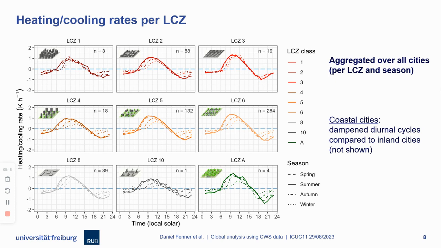For instance, if you look at LCZ 1, that's actually what you would expect, because more heat is going into the heat storage in the morning, therefore you have a reduced heating rate. And you can also see very well the seasonality of this. The solid line is the summer, and summer and spring have higher rates in comparison to winter and autumn, which is also not very surprising, but it's really nice that it comes out like this from the data.